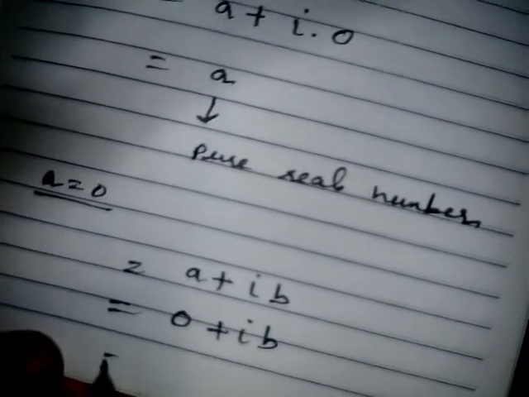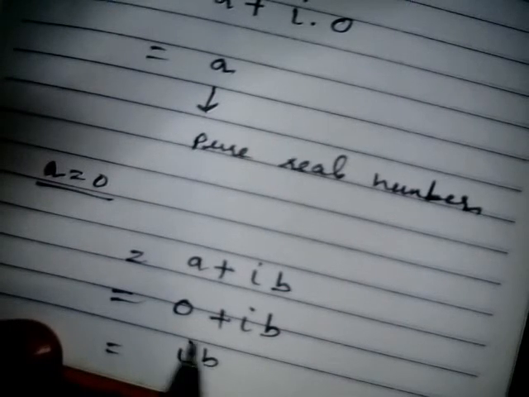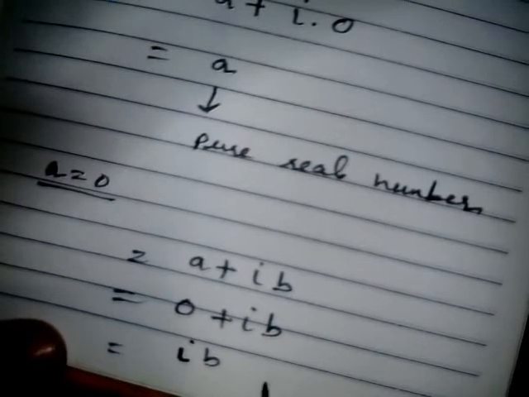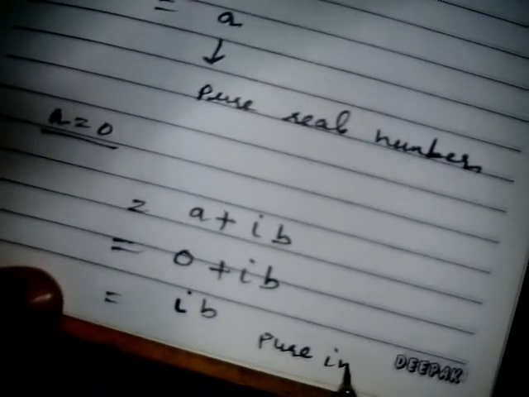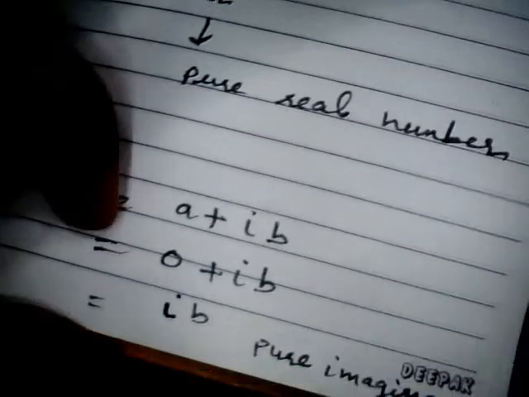The part in which the real part is missing and the part which is attached with i is present, that is called a pure imaginary number. This is a pure imaginary number.